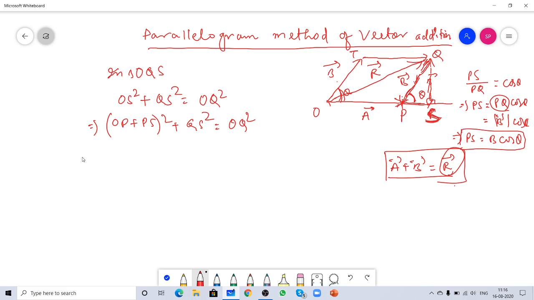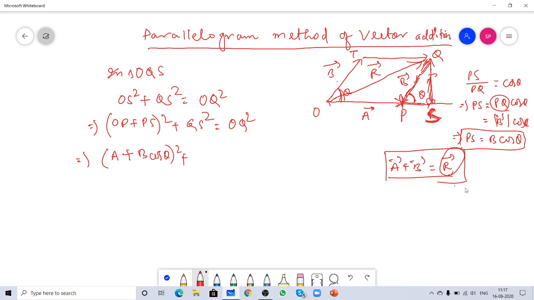So now I'll put it here that OP plus PS. Then what will be OP? OP is A vector magnitude from here to here. So OP is A, PS is B cos theta, whole square, plus what is QS?